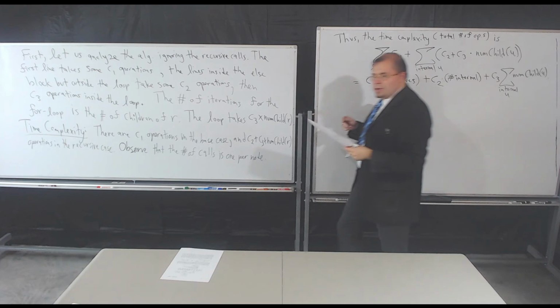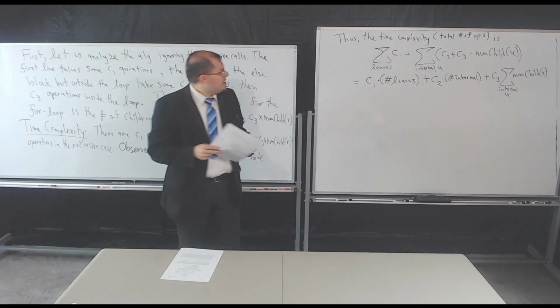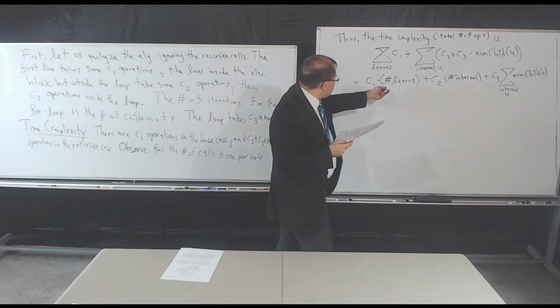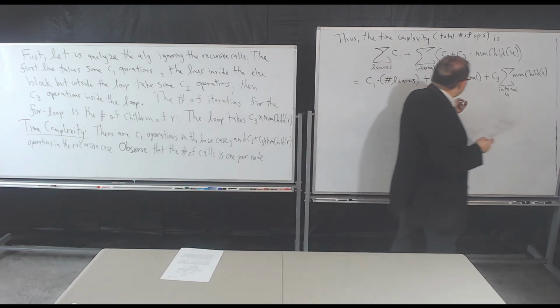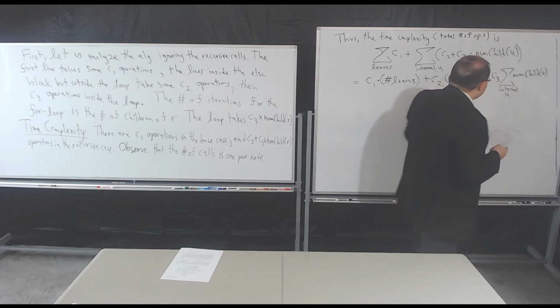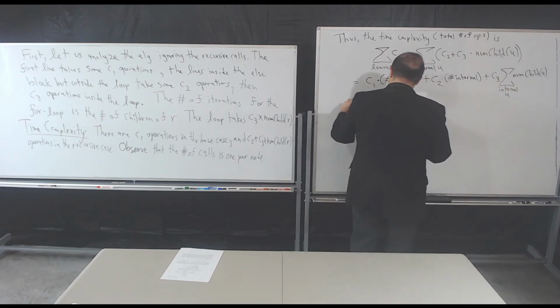So I want you to think about this. These terms seem okay. We know that that's going to be at most n, where n is the number of nodes. This is also at most n. What is this? What's that? The number of internal nodes.